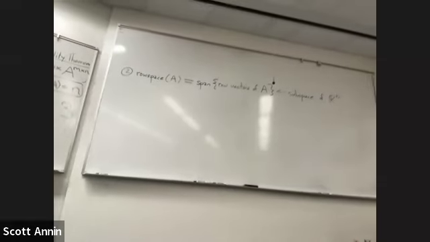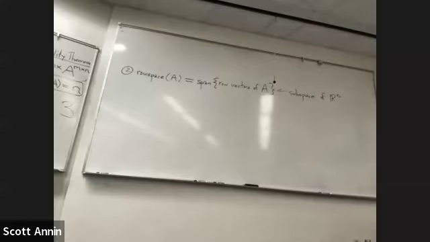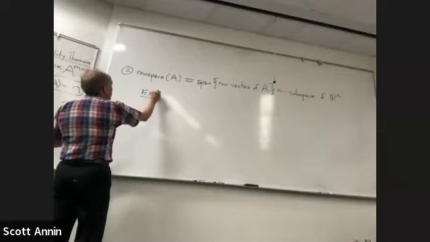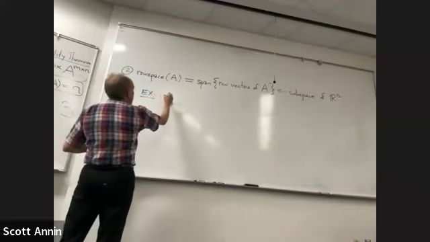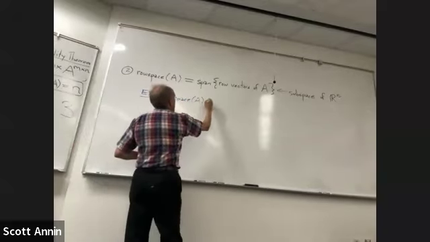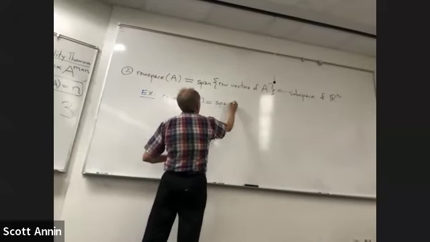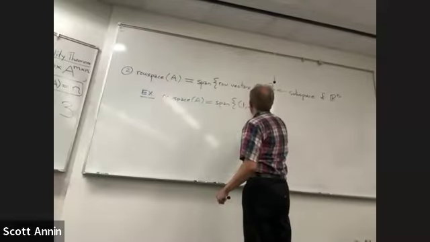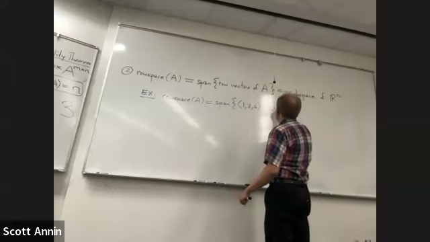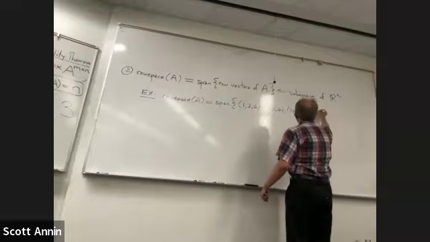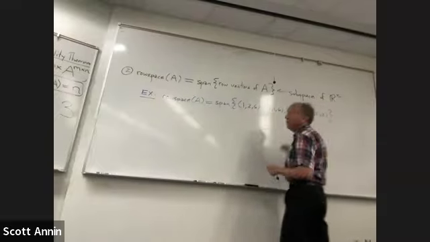And so if we look at our example again, let's go back to the blue marker. If we go back to our example that we've been working on, the row space of A is just the span of, let's see, the first row was 1, 2, 6, and then 2, 1, 6, and 0, 1, 2, and 1, 0, 2.